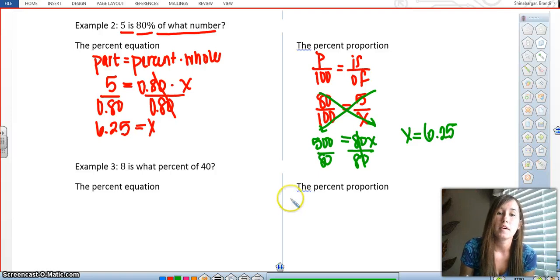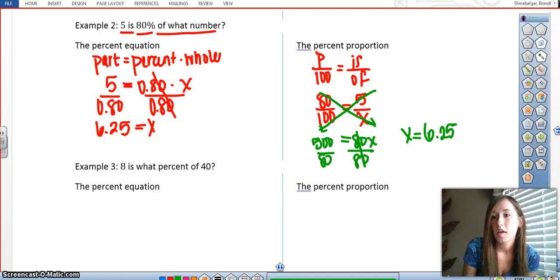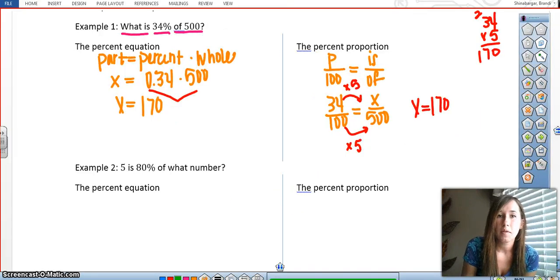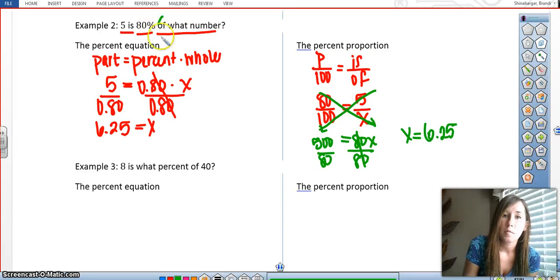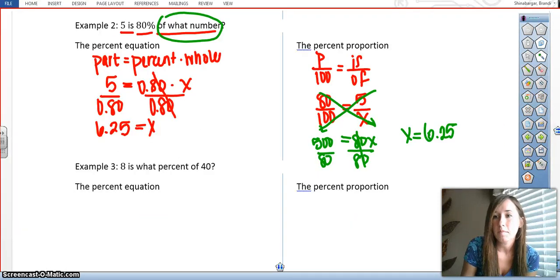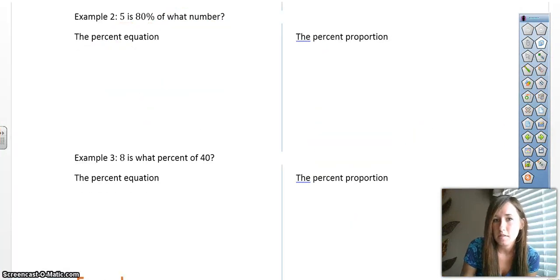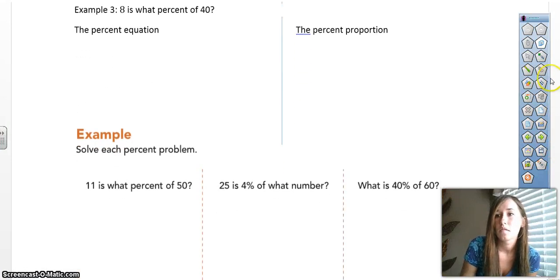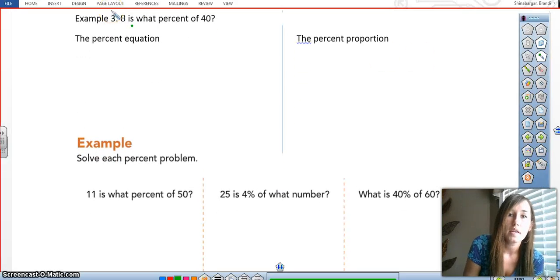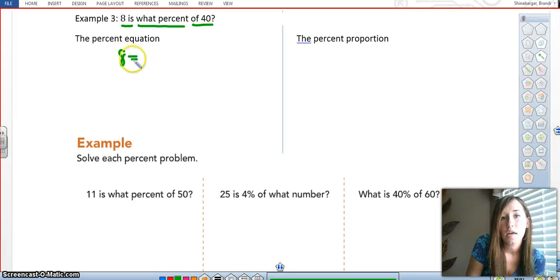Let's try both methods one last time. In our first example, we were looking for the part. In this example, we were looking for the whole. Let's try an example where we're having to find the percent. 8 is what percent of 40? The percent equation would be part equals percent, we don't know it, times the whole.